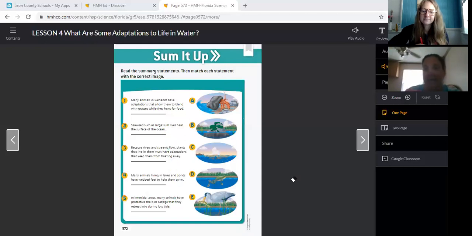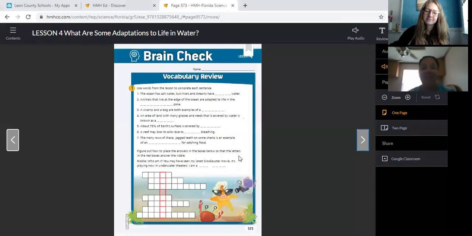And now we will talk about your brain check. And remember, your brain check will be the very last thing you do this week for science. All right, so right here you have a fill in the blank activity. And when you get your brain check through Teams, you're going to see a text box down here instead of this crossword puzzle looking thing.